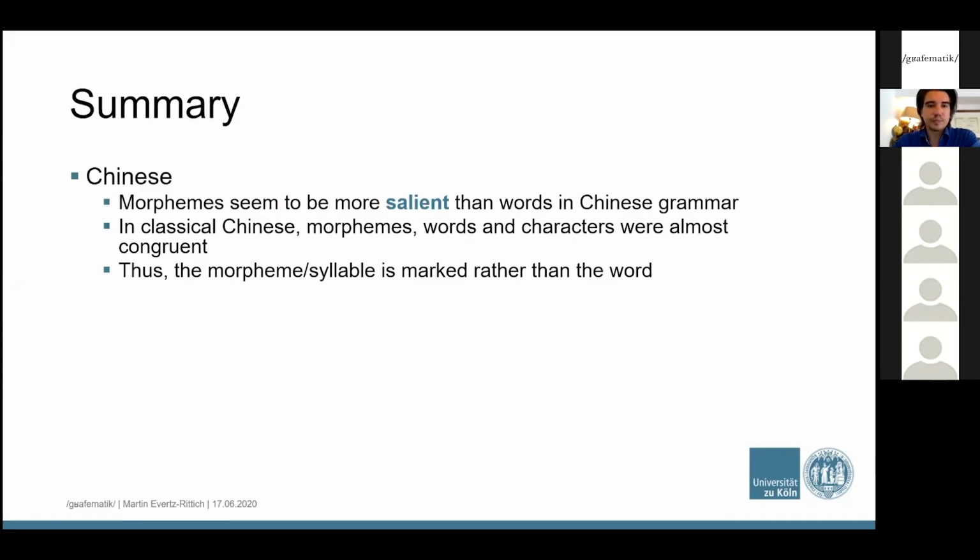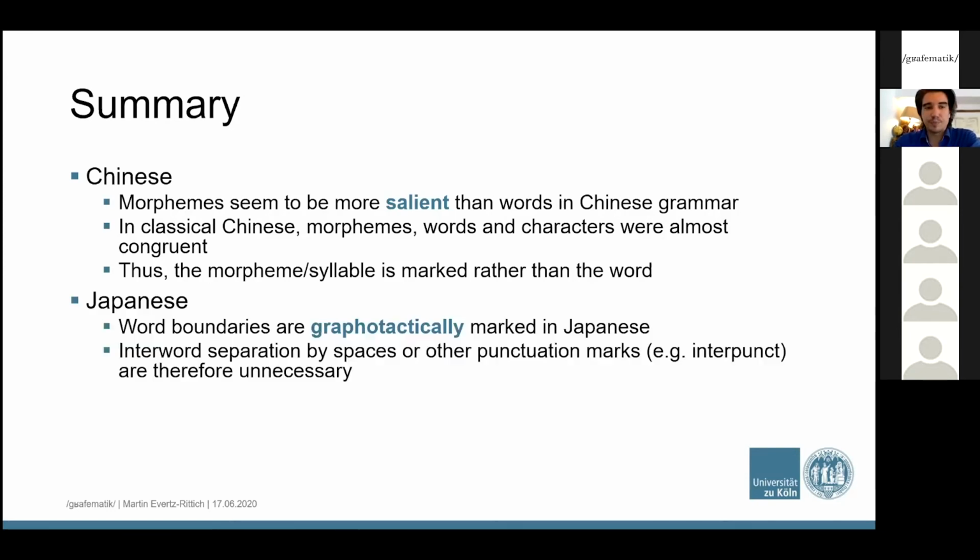So to wrap it up real quickly, morphemes seem to be more salient than words in Chinese grammar. And in classical Chinese, morphemes, words, and characters were almost congruent. And thus, the morpheme or syllable is marked rather than the word.